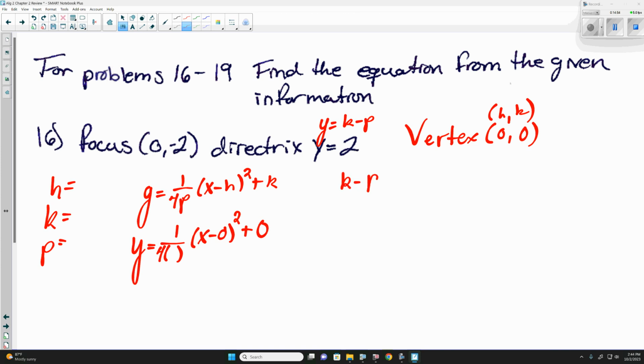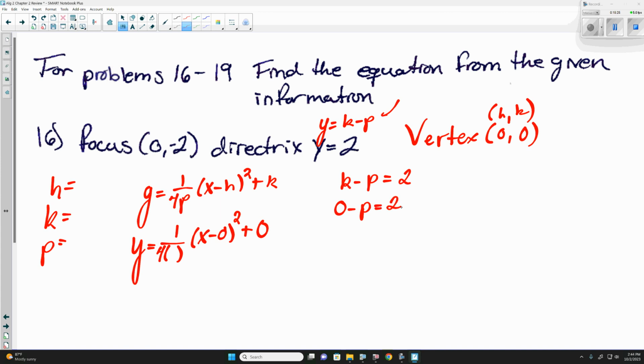Now, 1 over 4 times the value in front of the parentheses, if we're going from the equation to the information. Now, what we're told in the general form for the directrix is y equals k minus p. Now, if we plug in the value of k and the value of p into the equation, for this one here, we should get a value of 2. Now, we know what the value of k is. It is 0.